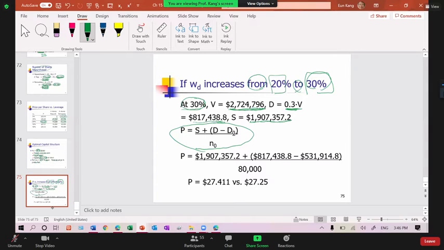So you have to have this S plus the difference between 30% debt and 20% debt, that amount, right?